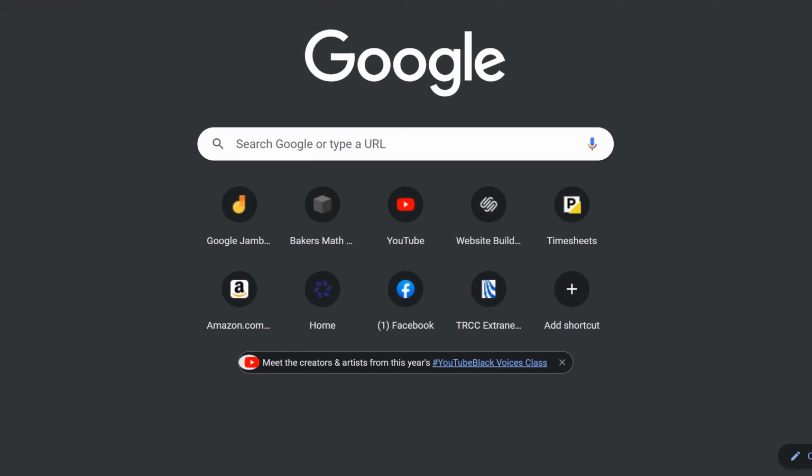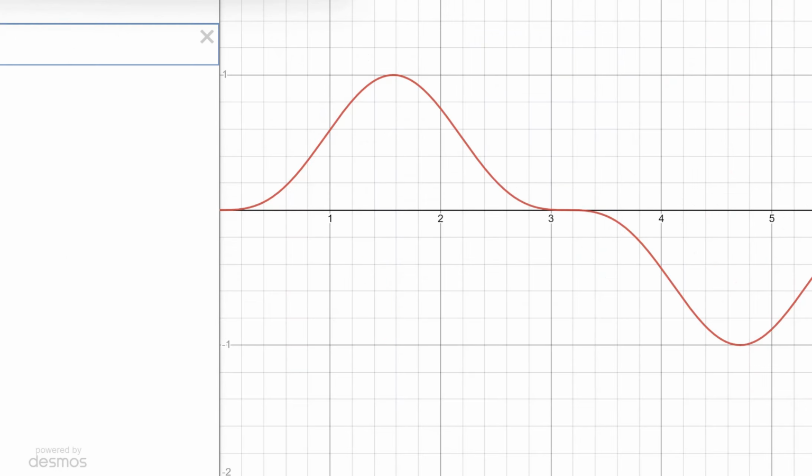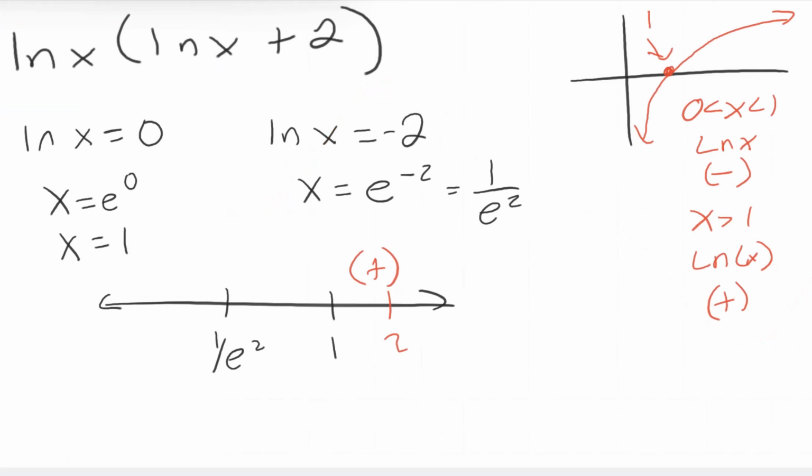That's approximately 0.13. So I know it's positive past the 1.